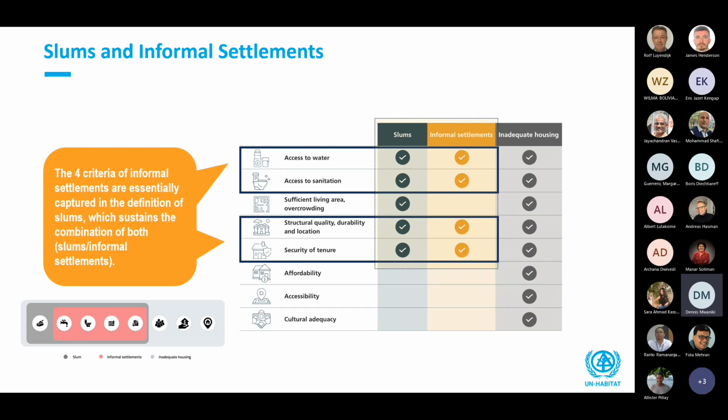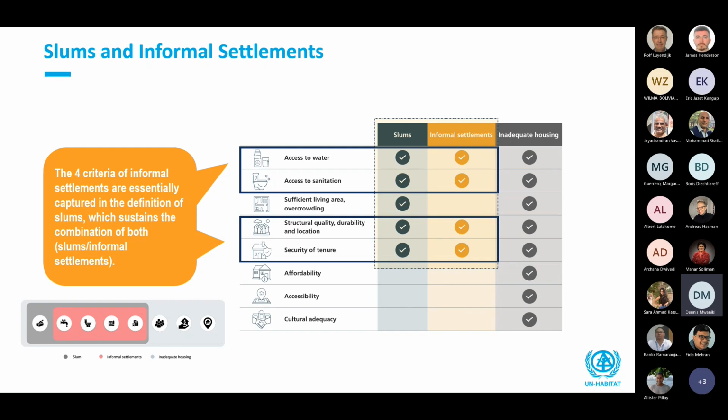What we do for this is we look at a single household and determine whether the household, for example, has access to improved water and sanitation, what kind of structure they live in, and whether they have security of tenure. And these two we combine in the current data we produce. We combine issues of slums and informal settlements, but the goal is to separate these two and look at settlements more as a neighborhood level kind of analysis as opposed to household level deprivation.